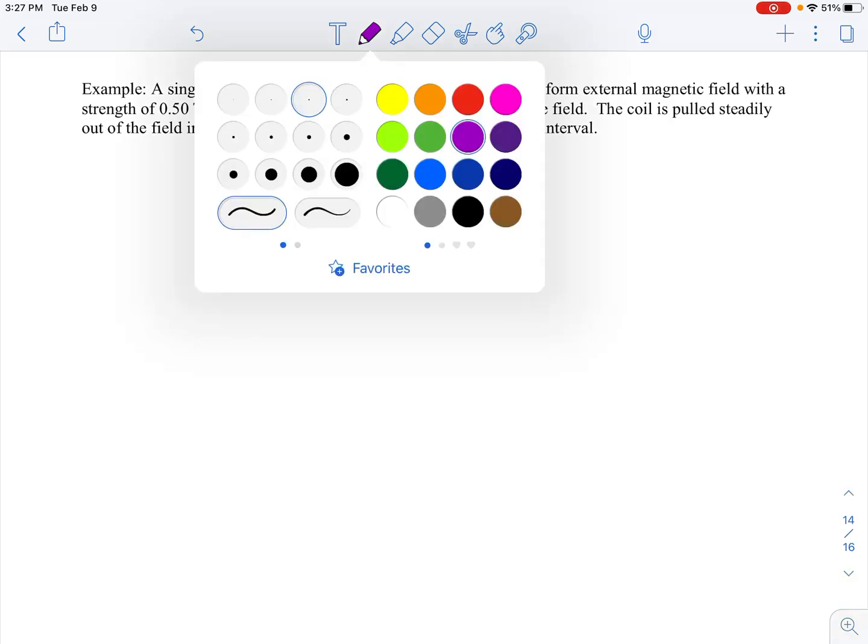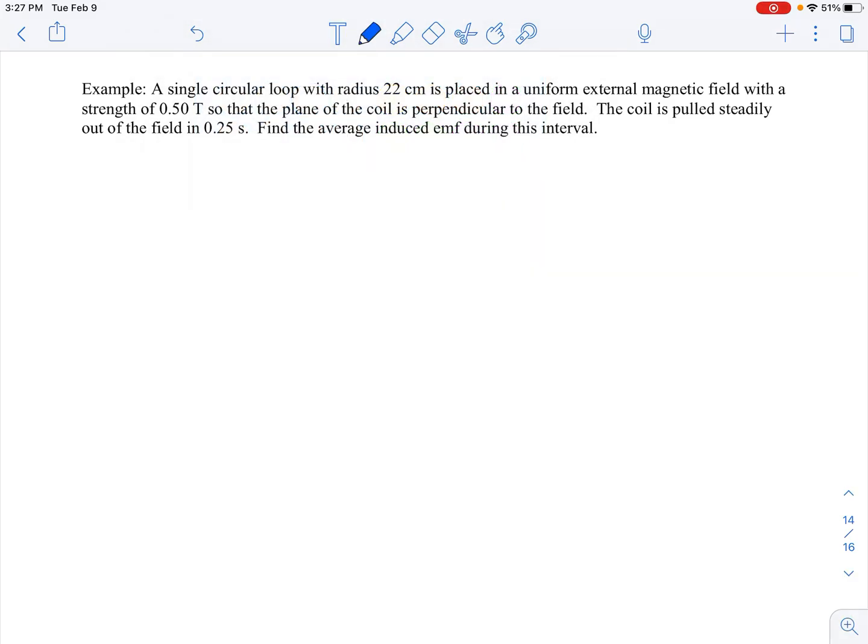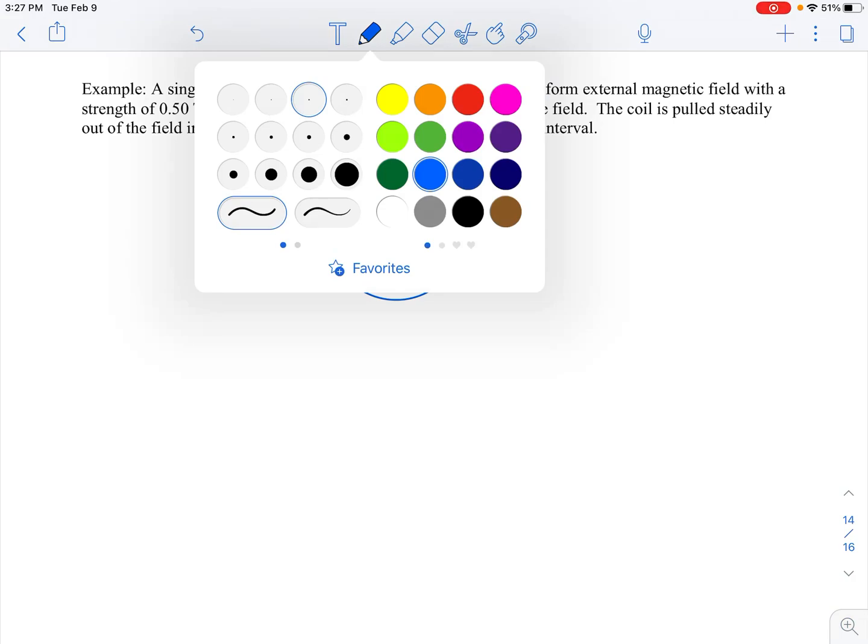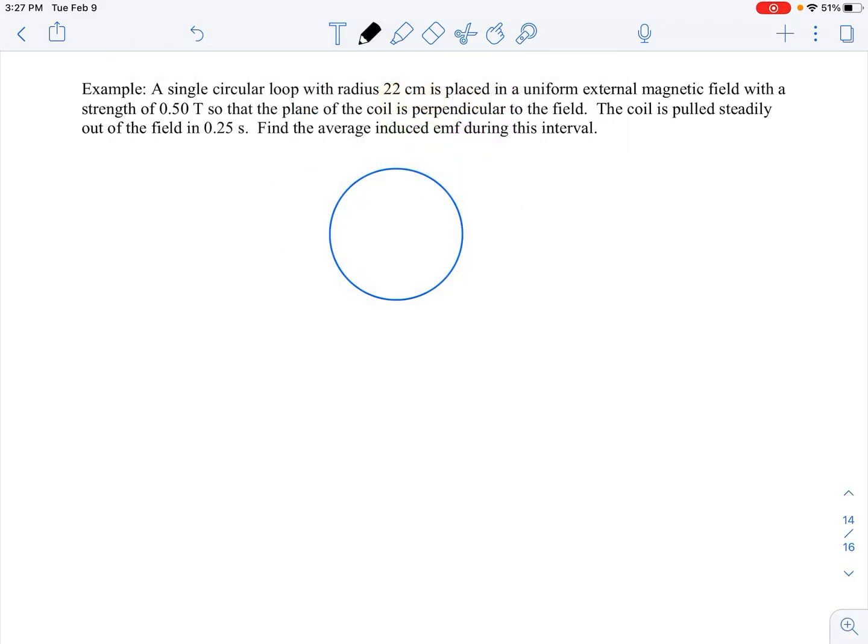Okay, so I'm going to start by drawing a picture of this. Let's see, I'm going to draw my circular loop in the plane of the page. That means that the magnetic field is either going to be going into the page or coming out of the page.